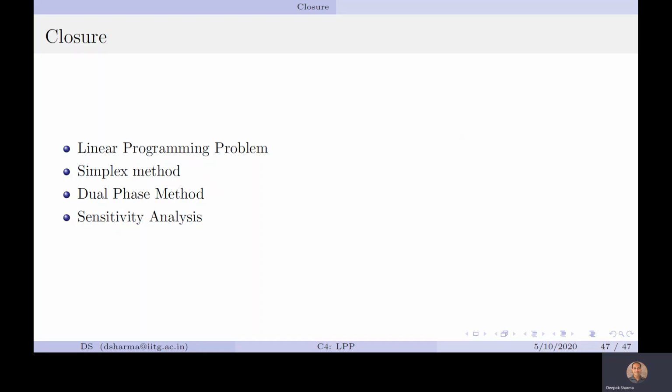In that case, the Lagrangian multiplier will help us understand the sensitivity analysis. Why? Because the Lagrangian multiplier will become dou f by dou b1, corresponding to constraint 1. Similarly, for constraints 2 and 3, we can find the Lagrangian multiplier. With this, let us finish this chapter on linear programming.